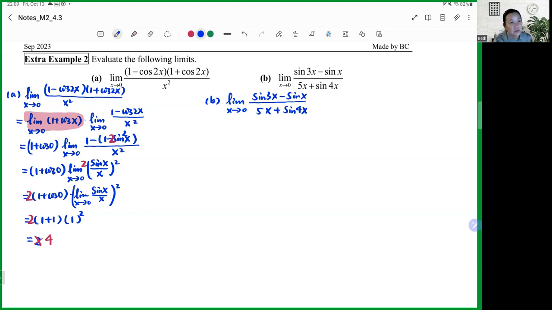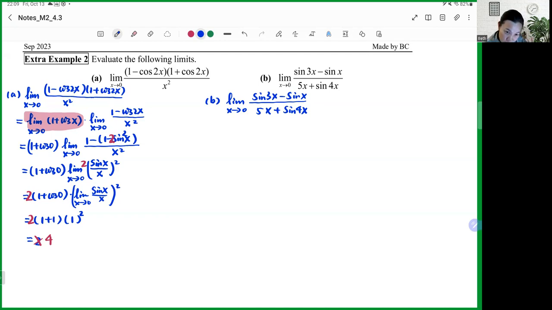Now this one, with the numerator, it's sine minus sine. You mustn't change it to, or should you? Now you can try change it to sum to product, but I already know it will not work.